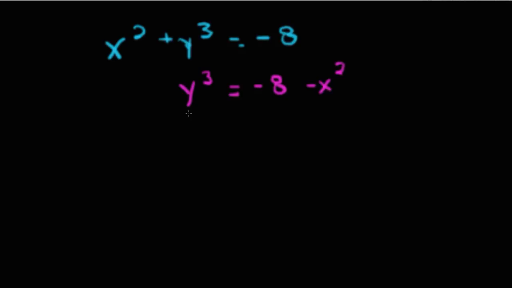And if y cubed, y times y times y, equals negative 8 minus x squared, then y would equal the cube root of negative 8 minus x squared.